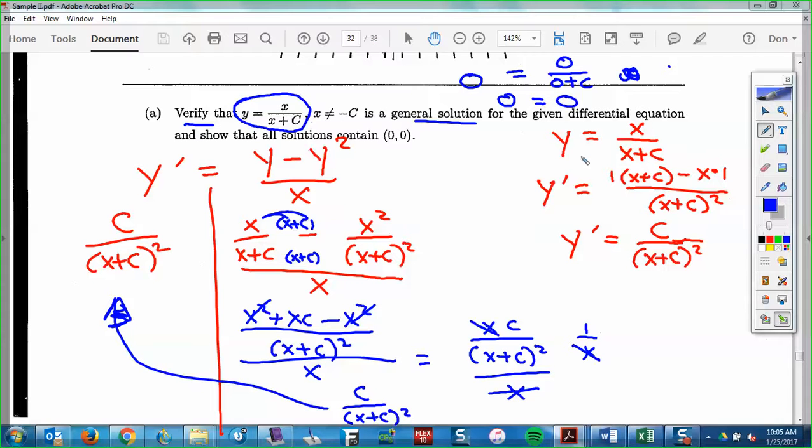So all these solutions, in other words, give you a true statement when you put a 0 in for x and a 0 in for y. Or you could just say, if I put a 0 in for x, I get out a 0 for y. So that's got to be true. That would be how you would show that.